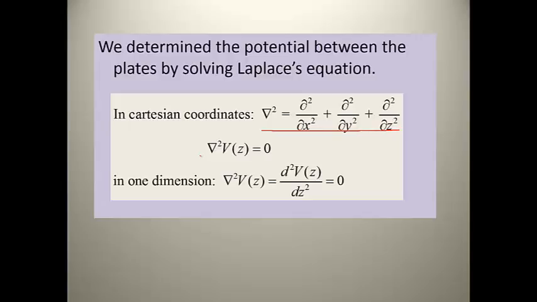And so Laplace's equation says that del squared V is equal to 0. But because this is only a function of z, these two terms give you 0, and so you're left with Laplace's equation looking like this. We have the second derivative with respect to z operating on V of z, and that's equal to 0.